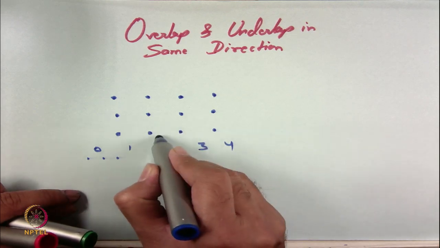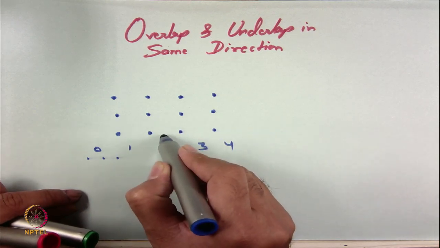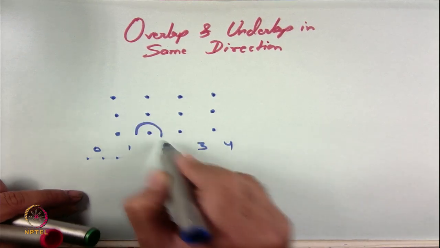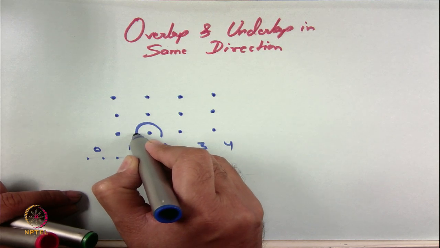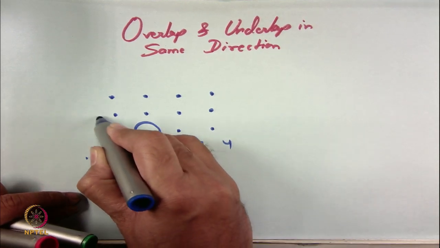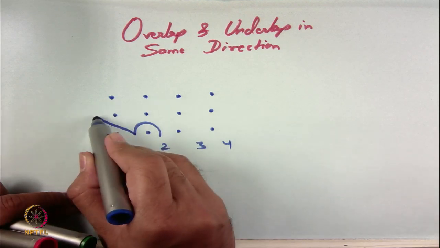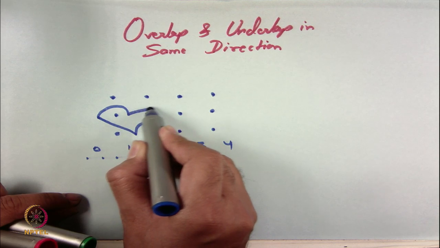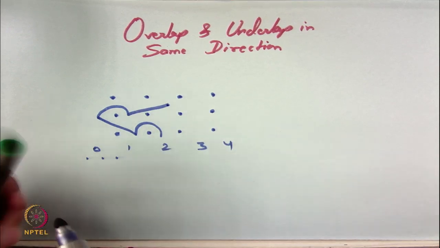For example, you start from second guide bar position. This is the overlap for one needle, and you are giving the underlap in the same direction. And then again overlap in the front side of the needle and underlap also in the same direction.